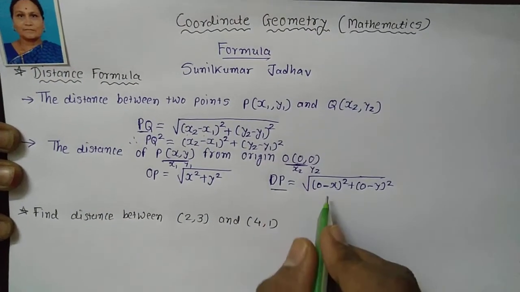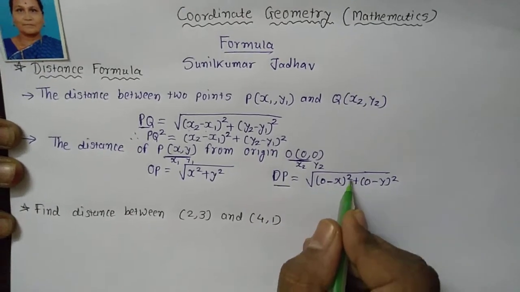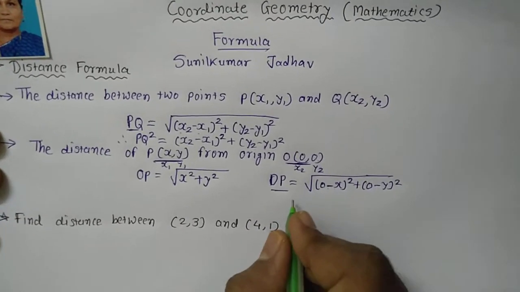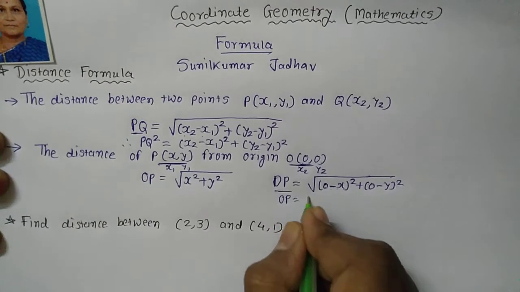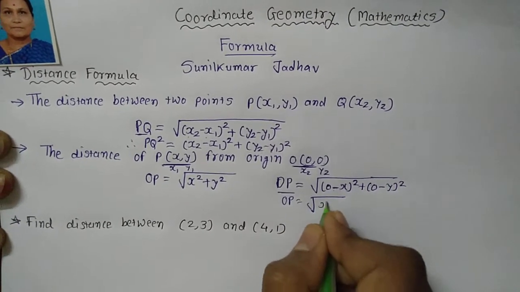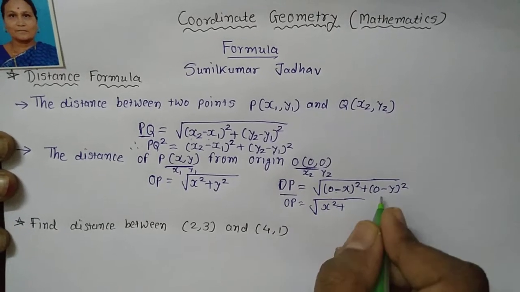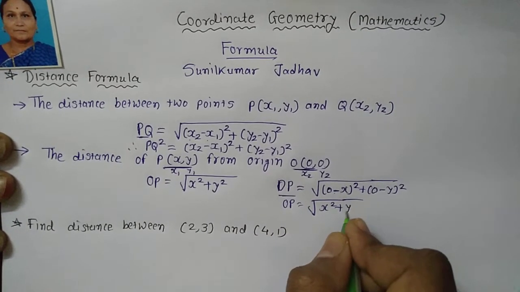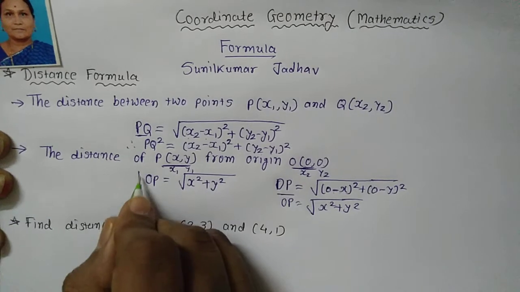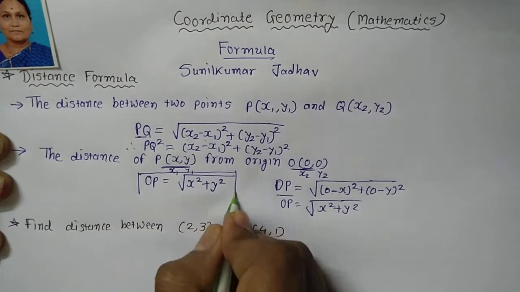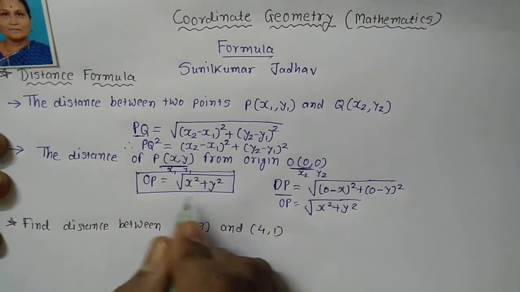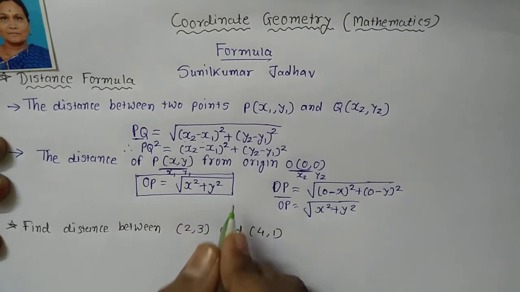So OP is equal to the under root of minus x whole square, and the square of a minus is also plus, so that would be x square plus minus y whole square, which is y square. So another formula: the distance of any point from the origin, OP, is equal to the under root of x square plus y square.